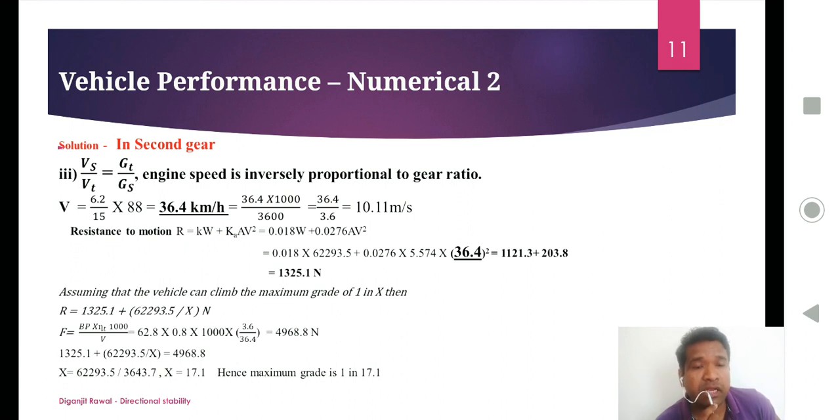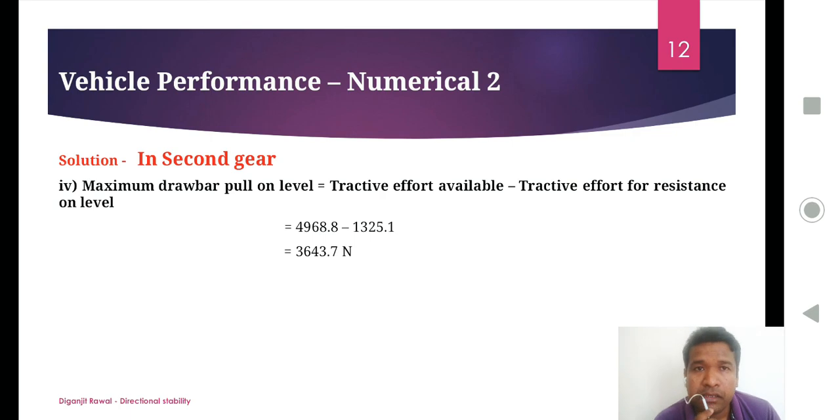This is the value for x, the maximum grade in second gear, which is 17.1. So next, in second gear, we have to calculate the maximum draw bar pull on level. The formula is: maximum draw bar pull on level is equal to tractive effort available minus tractive effort for resistance on level.